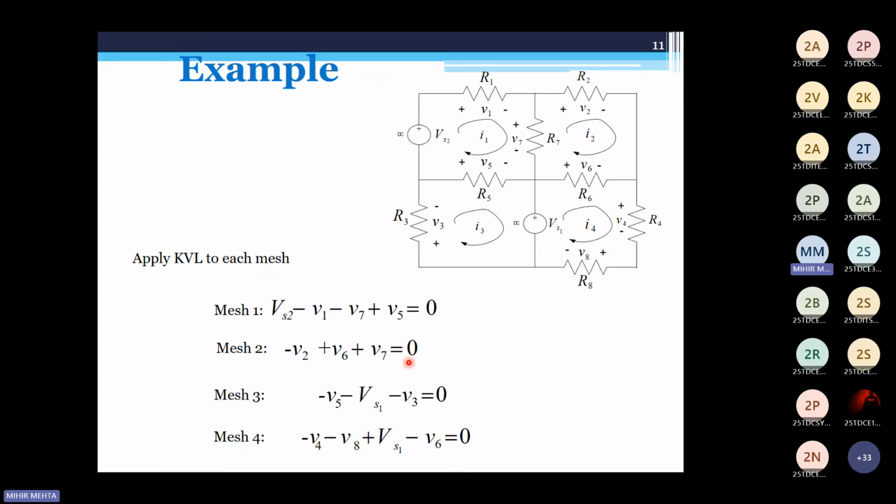Now, similarly, I want you to apply these equations in this particular mesh I3 and I4, and please check whether you're getting these equations or not.